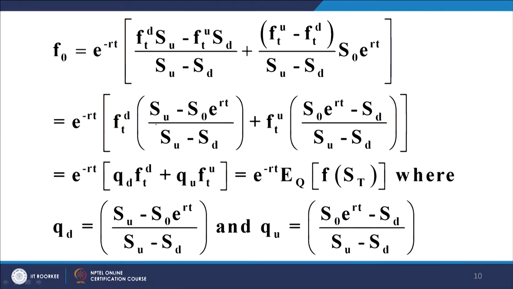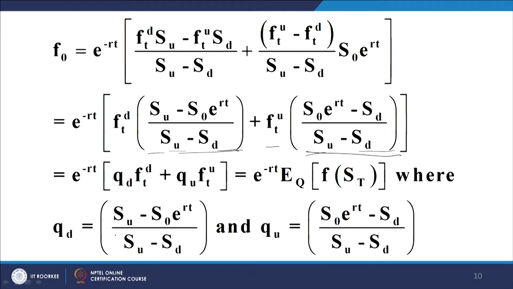Now, a slight rearrangement can give us this. No change, simply a rearrangement of the quantities has been done, and we get this expression, fd into this plus fu into this. Let us write this as qd, and let us write this as qu.